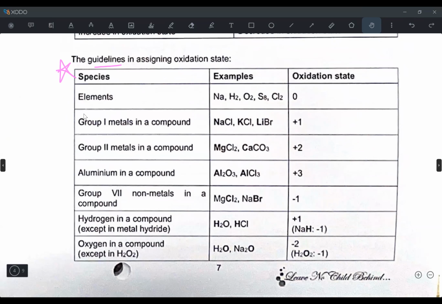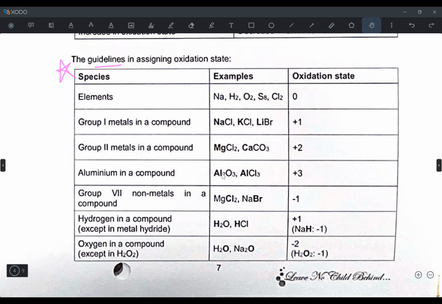Then for group 1, it will basically be the charge, that means +1 for group 1 metals. For example, sodium in here is +1, potassium also +1, lithium also +1. Not talking about the whole thing, it's just the ion itself. Group 2 is +2, calcium also +2.